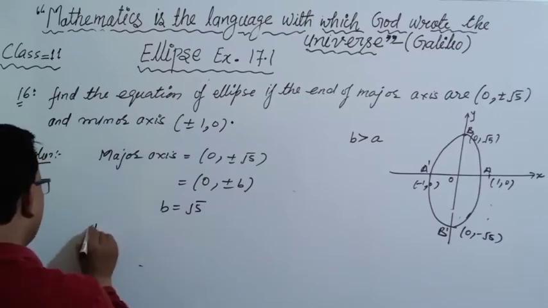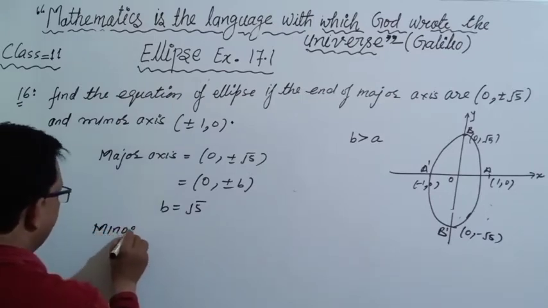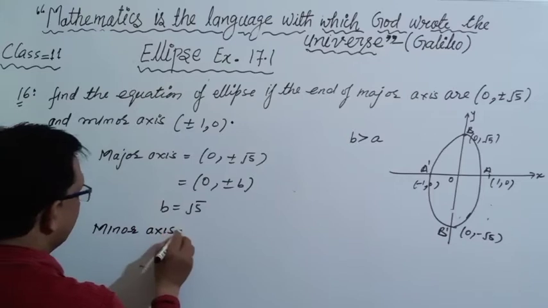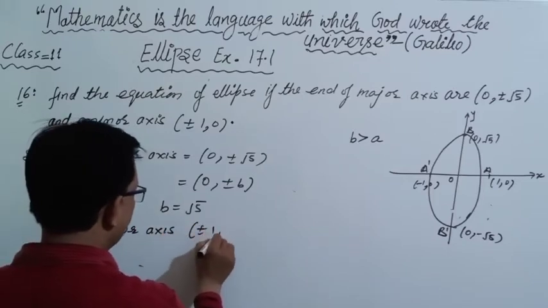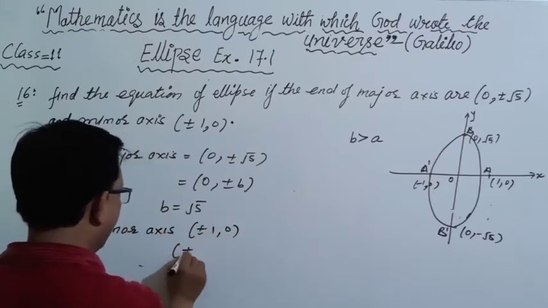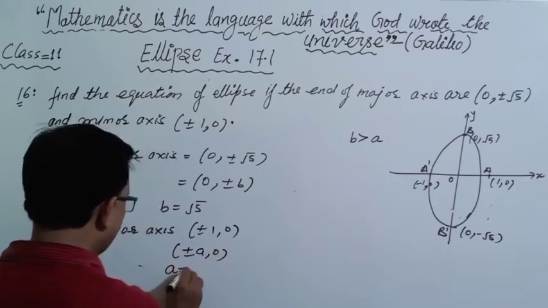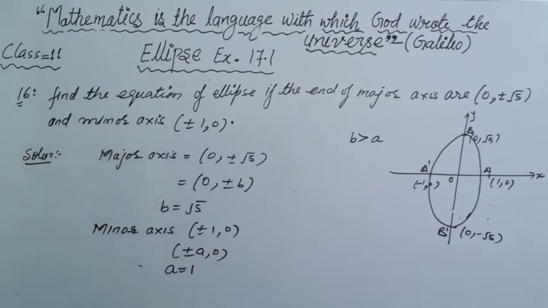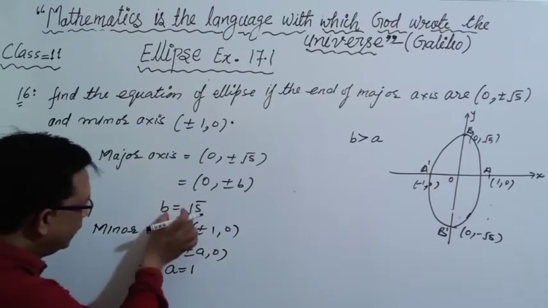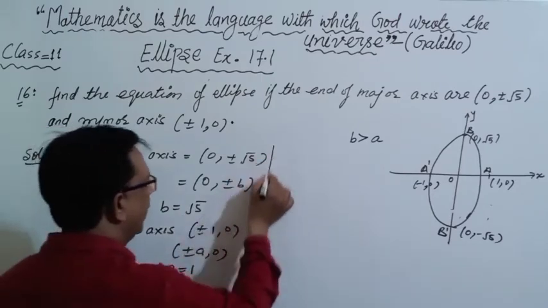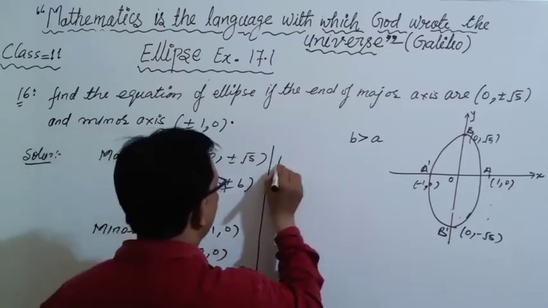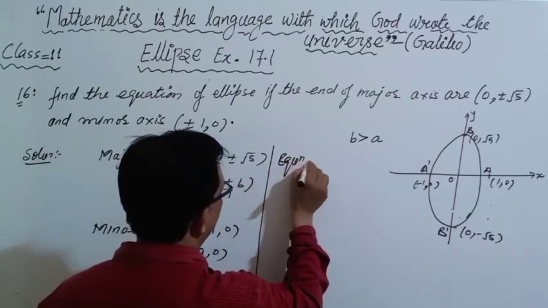Now the minor axis is also given as plus minus 1, 0. Comparing this with plus minus a, 0, here a is equal to 1. Now we have the values of b and a, so we write the equation of the ellipse.